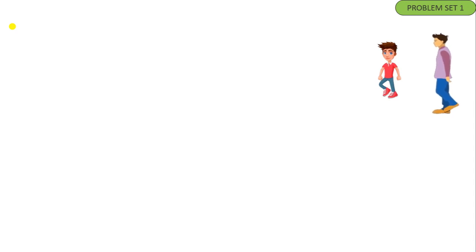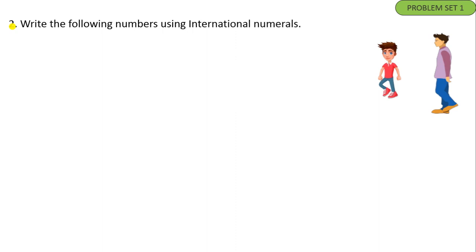Let us see the next question. Write the following numbers using international numerals. Here, we have to do the opposite of what we have done before. I mean, they gave us the Roman numerals and we have to find the international numerals or international numbers for those symbols.